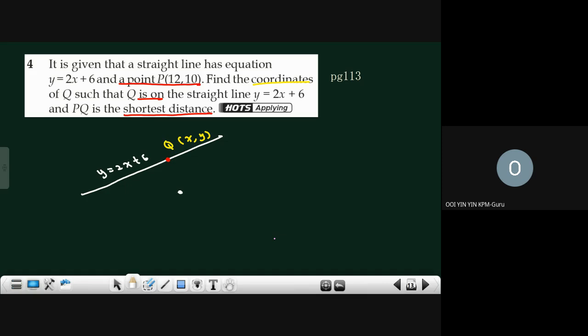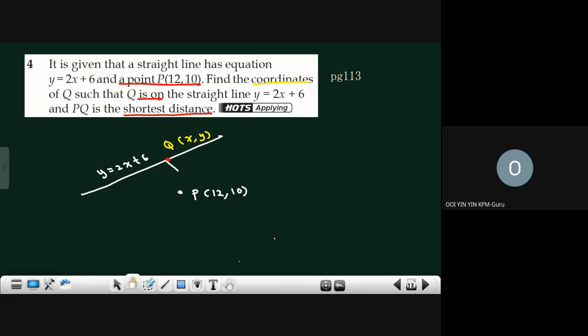Okay, P. Then, shortest distance. They did not say where your Q is, right? And then there is your P. Shortest distance means that if you have your P here, 12, 10, right, then your Q to your P, they say PQ, PQ shortest distance.